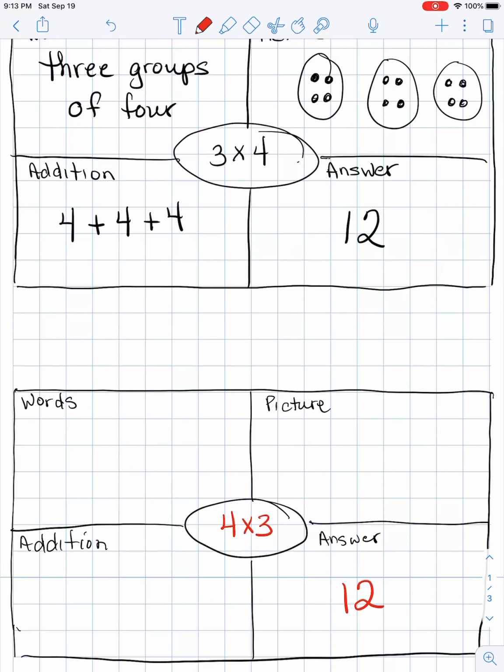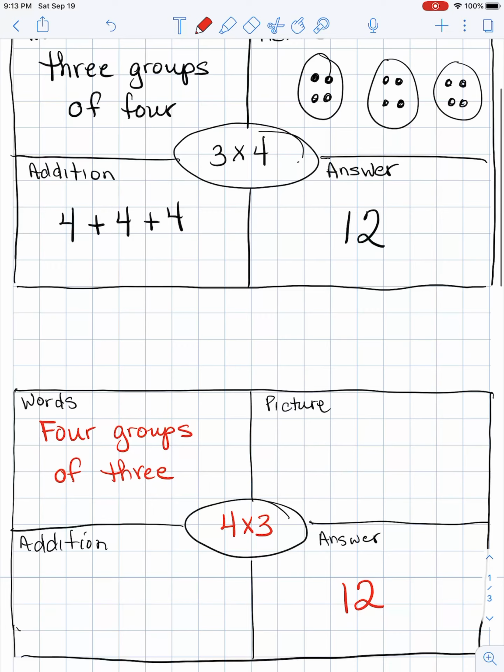Okay? So in our first example, we had 3 groups of 4. Now I have 4 groups of 3. So I'm going to write 4 groups of 3. That is going to show me or tell me how my picture is going to look, right?